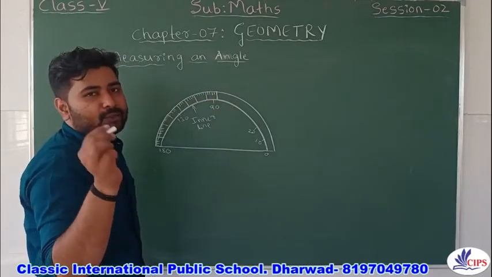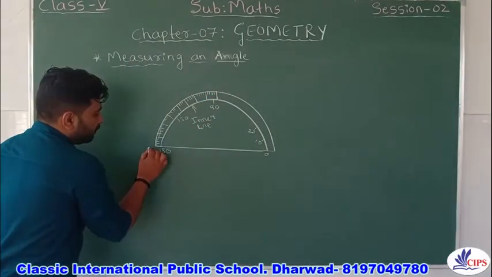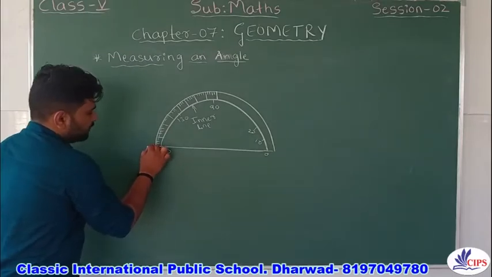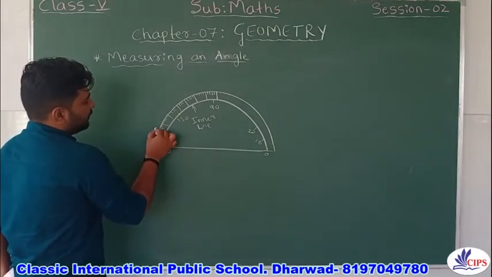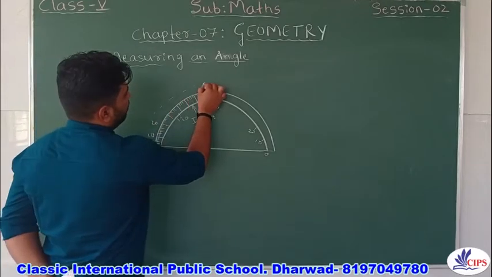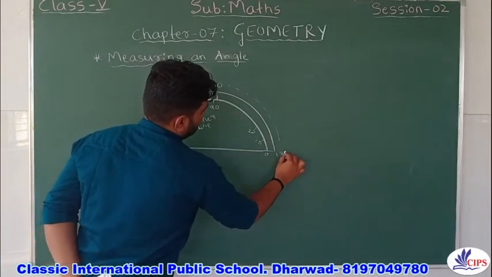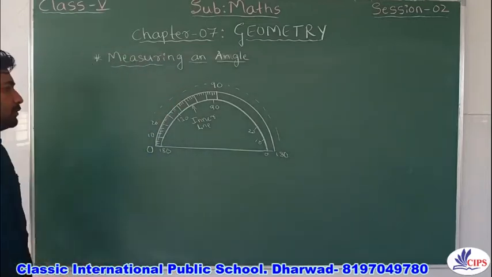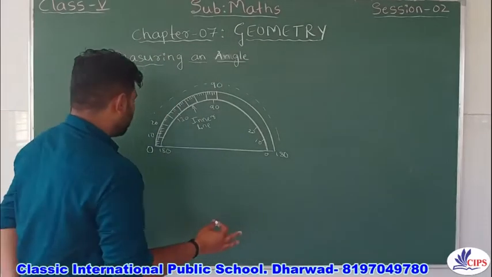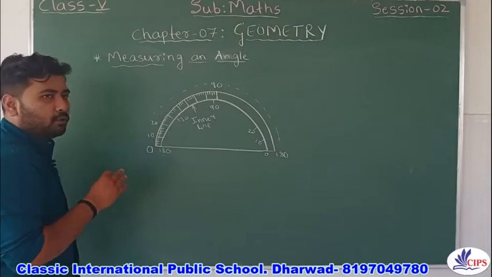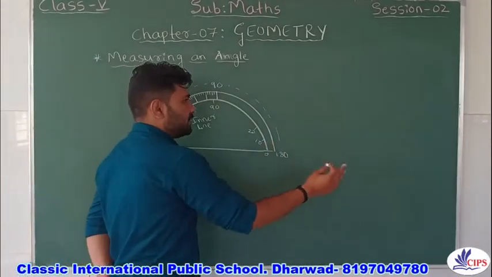Each line indicates one angle. That means from the outer edge 0, it goes on 10, 20, 90. So here it is 180. Always remember, we are going to measure from right to left.